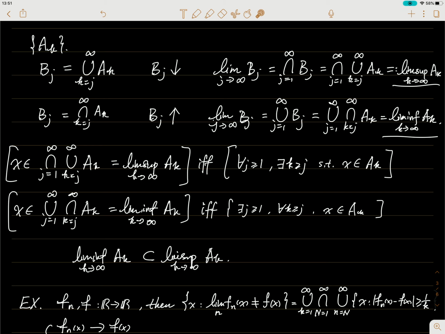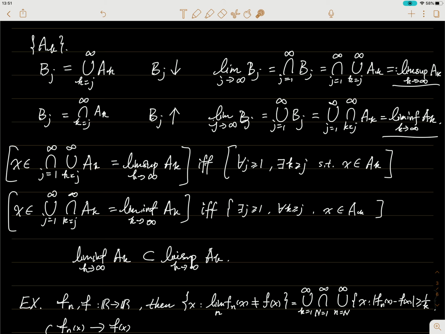And then you substitute the definition of B_j back in, replacing B_j by that union. And this is the definition of the upper limit of the sequence A_k. So A_k doesn't have to be monotone, but you can still define this upper limit of the sequence.